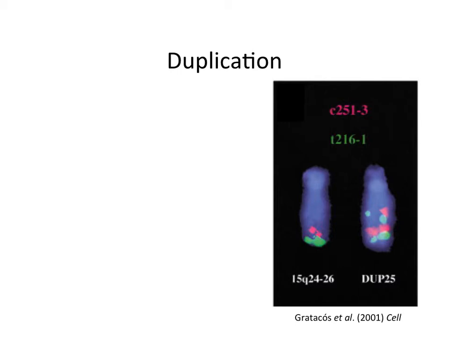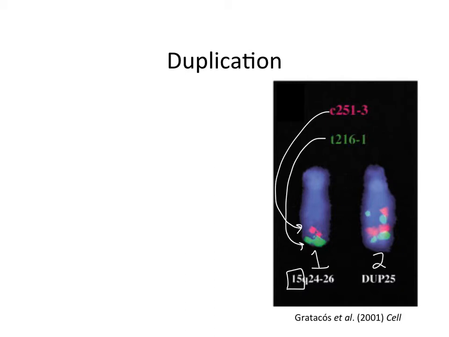So in this example, what these scientists have done is they've got 2 different unique FISH probes. Here they're green and red. And they're looking at a chromosome 15 from one individual and from a second individual.